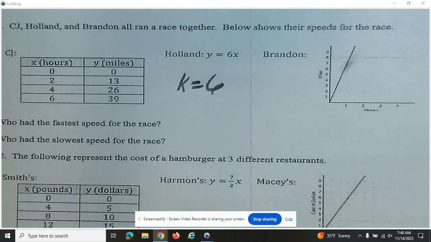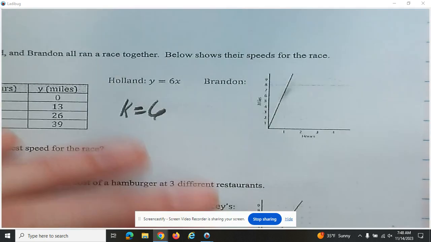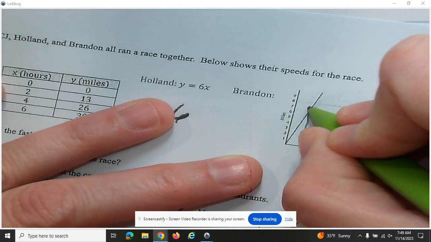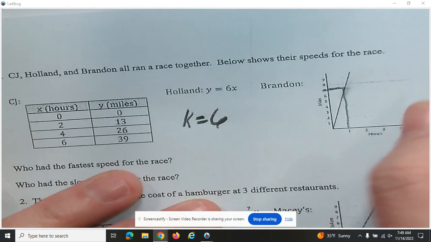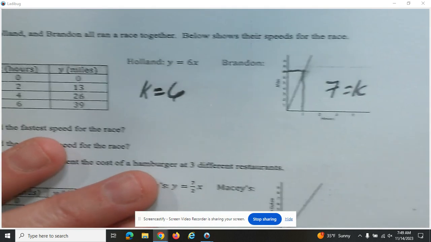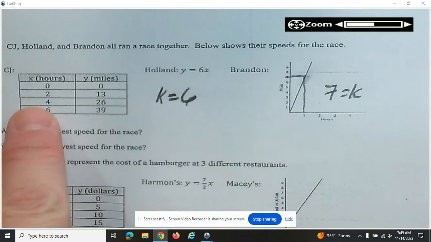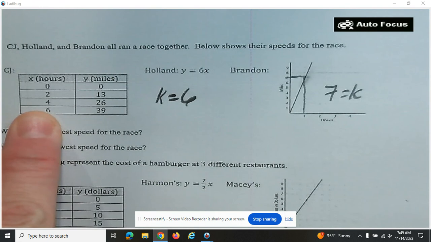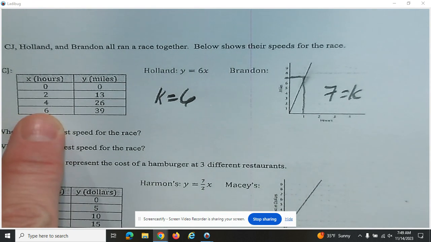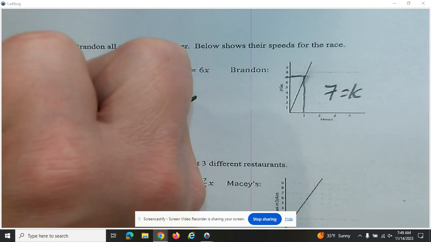I know why you say it's 8, but it's 7. You can barely see, but there is a line right here. If you come up and over, this is 7. So what's my constant proportionality for CJ? You do y over x equals 13 over 2 and get 6.5.